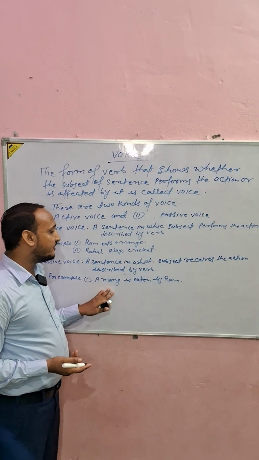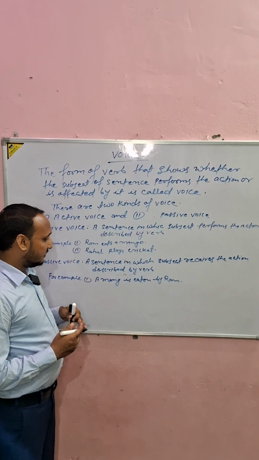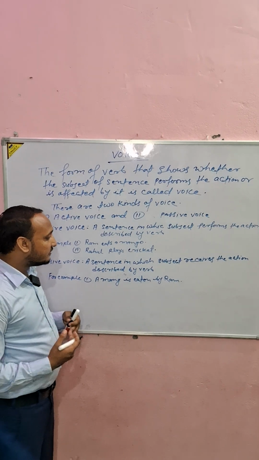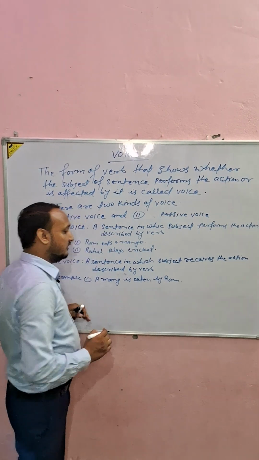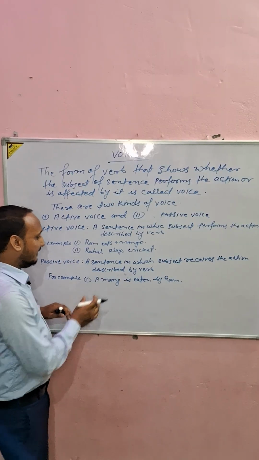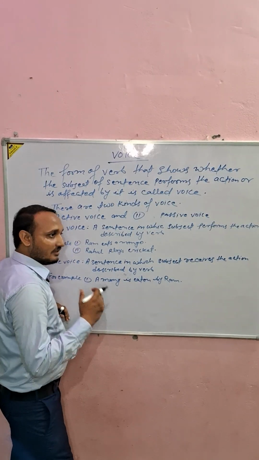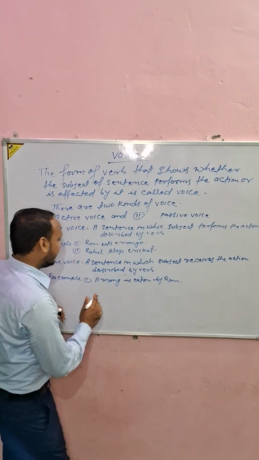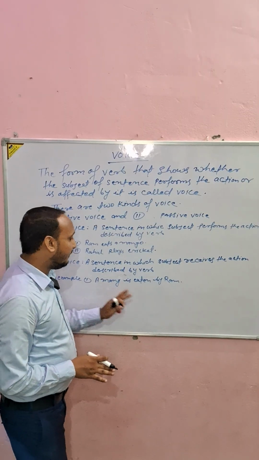A mango is the subject of this sentence, and the subject mango is receiving the action of being eaten. Mind it, the subject a mango is receiving the action of being eaten. That's why this sentence is in a passive form.